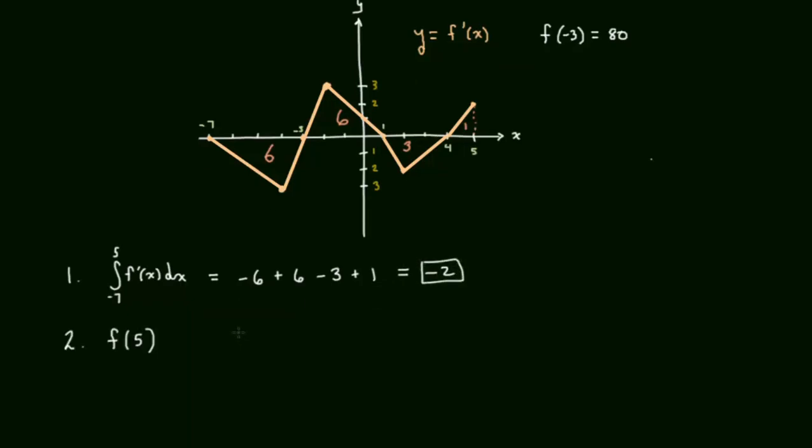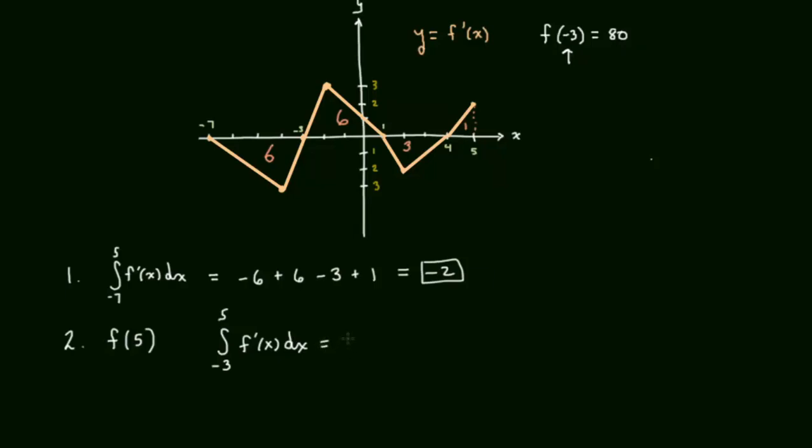In question 2, they want us to find f of 5. So we are going to use the fundamental theorem of calculus, part 2, and I have this information here regarding x is -3, and I'm trying to find f of 5, so I'm going to incorporate both of these x values and take the integral from -3 to 5 of f prime of x dx.